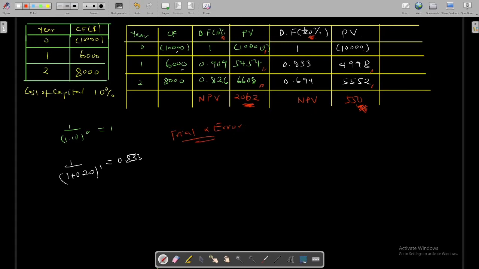And when we use 20%, we have gained another positive figure, which we don't need. We need a negative figure. Therefore, we have to go back and choose a different rate in order to get a negative figure. So let me go here and extend this line. It will help us.